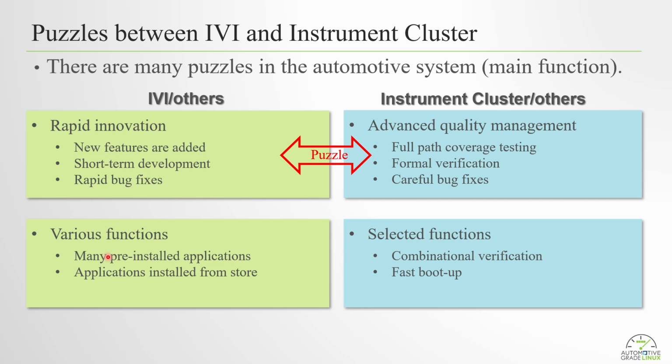IVI and other similar systems require various functions. On the other hand, instrument cluster and similar systems require selected functions to avoid including many bugs. It's the second puzzle.